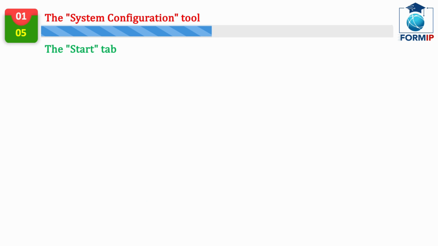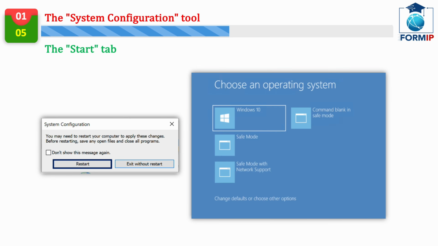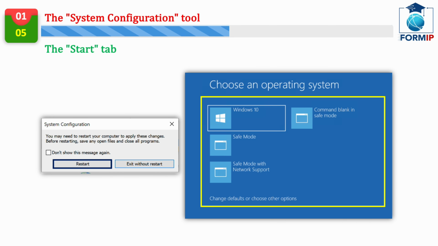Before finishing, we're going to change the 20-second Start menu delay on our basic entry, which is the Windows 10 one. That way, if you don't choose anything, then it will automatically launch Windows in normal mode. All that remains is to apply the changes and press OK. Now, if you restart your VM, you'll be able to see the new boot menu.